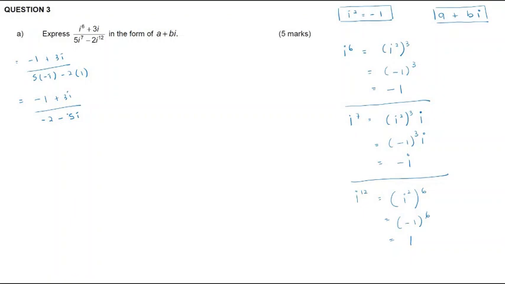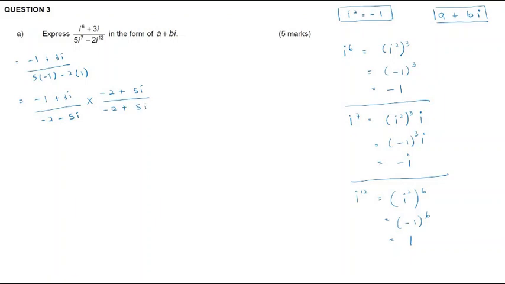Pembahagian nombor kompleks. To solve division of complex numbers, multiply by the conjugate of the denominator. The denominator is negative 2 minus 5i. Therefore, the conjugate is negative 2 plus 5i.